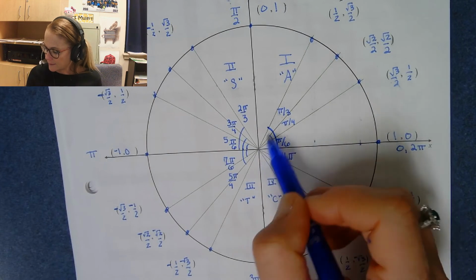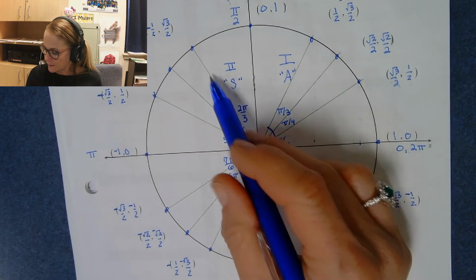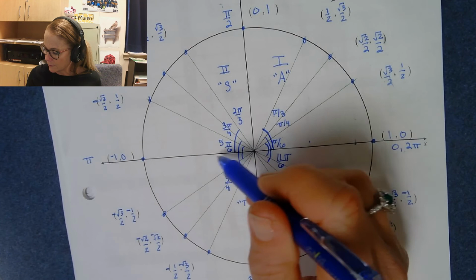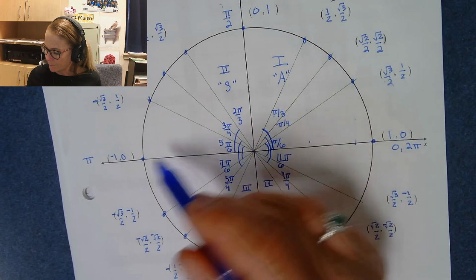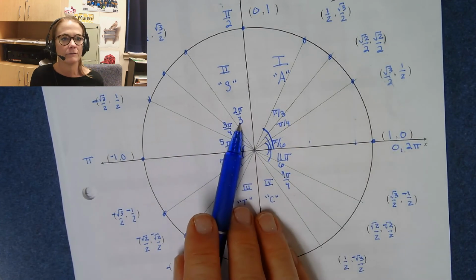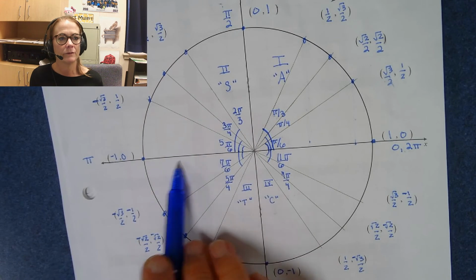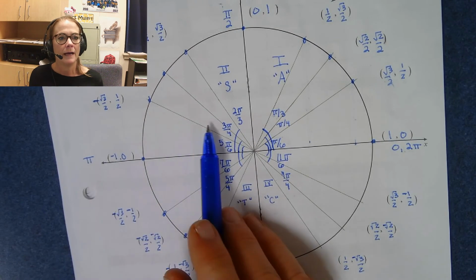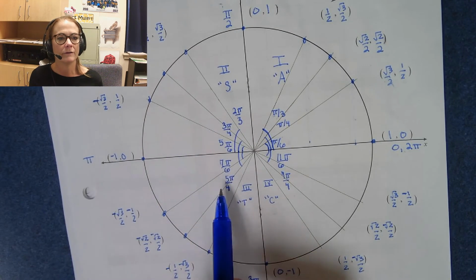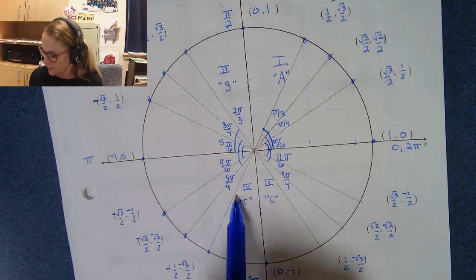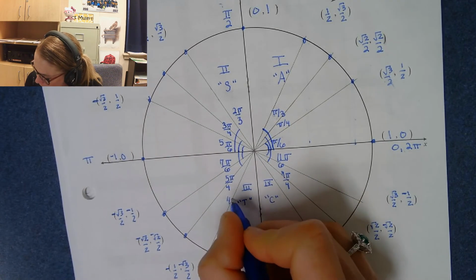All right, so 60 degrees, another 60 degrees, another 60 degrees would get me right here. And that would be 3 pi over 3. So here's 1 pi over 3, here's 2 pi over 3, here's 3 pi over 3, just pi, great. And then we'll go 4 pi over 3, which will get me another 60 degrees. So this is 4 pi over 3.